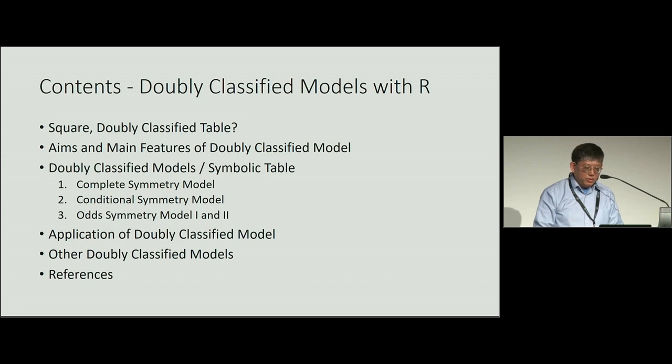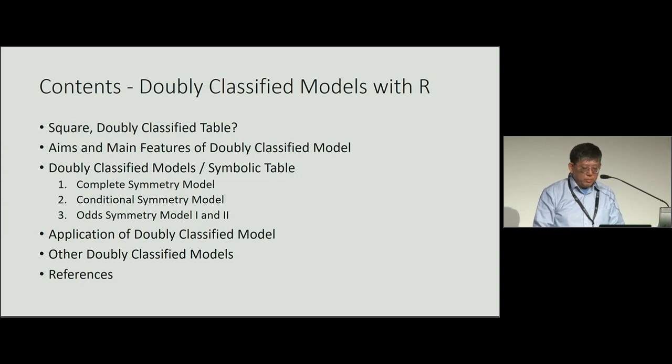Briefly, this afternoon I'm going to share with you how to use R to carry out doubly classified models for contingency tables. This modeling approach in analyzing contingency tables is quite rarely used in practice, and is rarely stated in the common statistical textbooks.